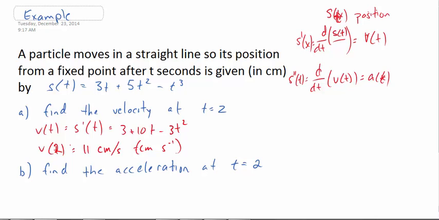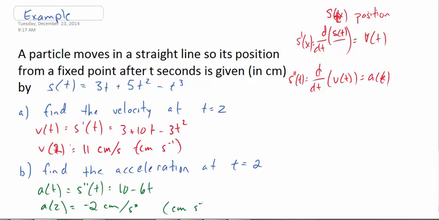Now we want the acceleration at that instant in time that that particle is moving. Well, that's going to be a of t, and that's found by taking the second derivative of the position function, which is going to be 10 minus 6t. a of 2, the acceleration at 2 seconds, is negative 2 centimeters per second squared, or similarly, the units could be written as centimeters second to the negative 2.